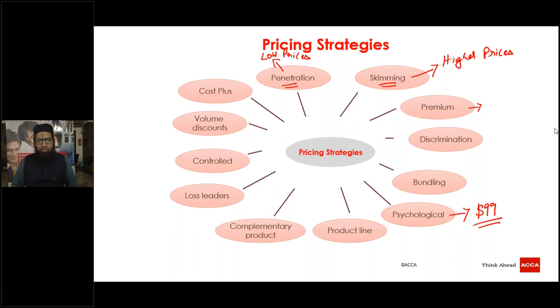Fahad has just asked me whether the pricing topic can appear in section C or not. The answer is yes, it can. Maybe he has asked us about the demand function, then he can ask me to calculate the profit maximizing price.